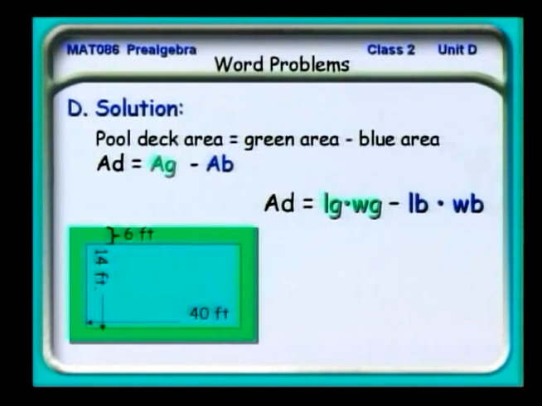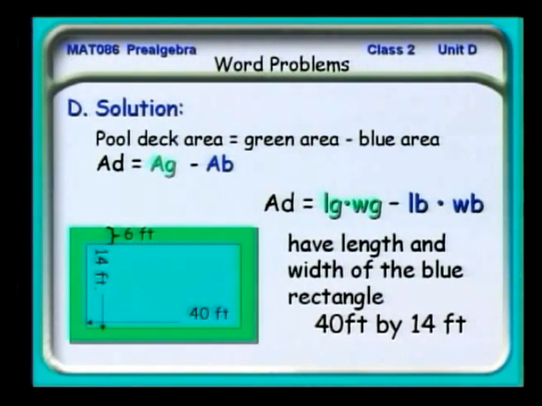But the area is length times width in each case. So the area of the decking is the length of the green rectangle times the width of the green rectangle minus the length of the blue times the width of the blue. So we have that the length and width of the blue rectangle is 40 by 14.